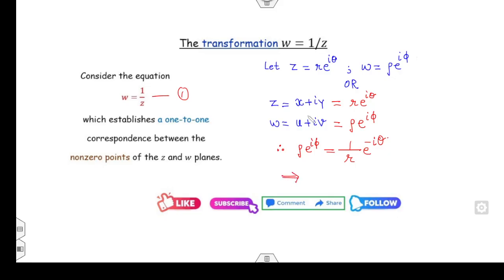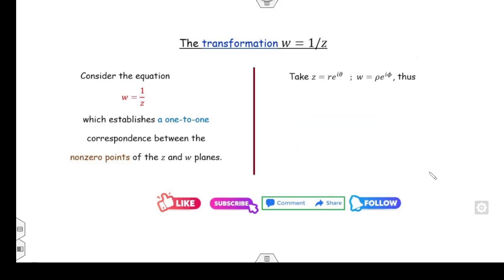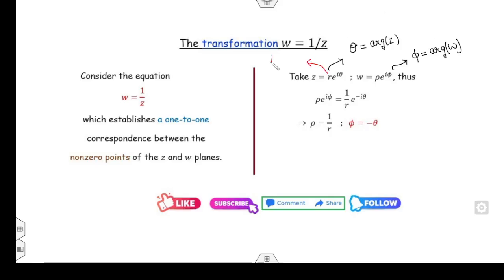So what does it imply? If you equate them, rho must be 1 over r and phi is equal to minus theta. Now what is the meaning of that? Theta is the argument of z, and phi is the argument of w. r is nothing but the absolute value, that is, the modulus of z, and rho is the modulus of w.